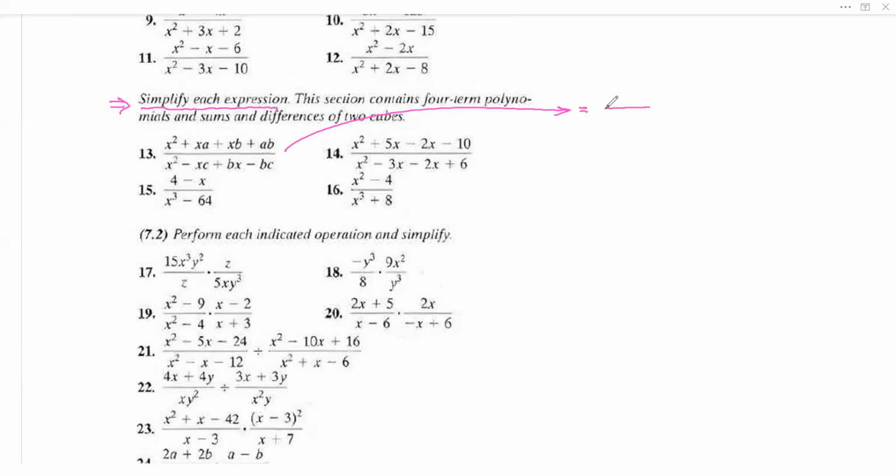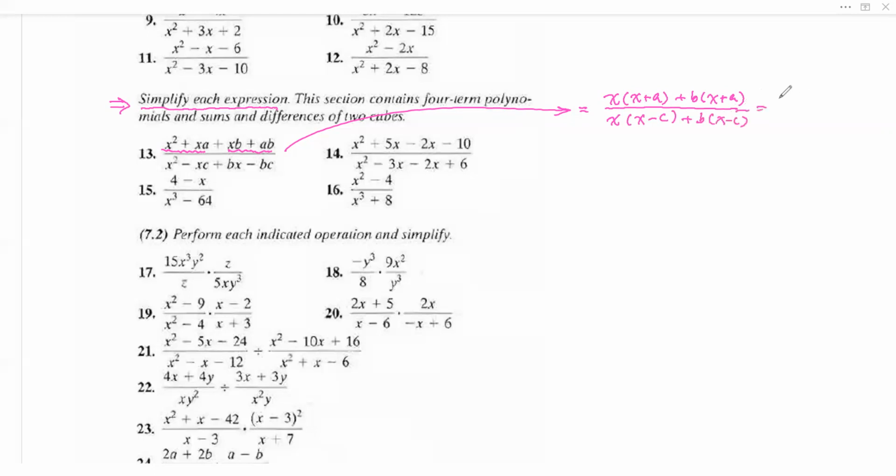So for the top part, you can see that in this group you get x plus a, right? And the second group, you get what? x plus a as well, right? The bottom, let's see the denominator. In the denominator, you get x minus c, and b times x minus c, right?